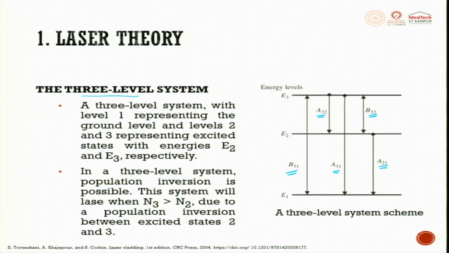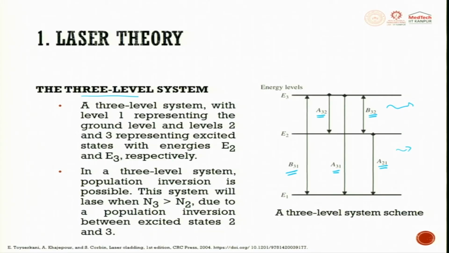Now you see there are 3 level systems, so the efficiency of the process goes high. Whenever it comes to here you will emit 1 photon, and from here you will emit 1 photon. Earlier it was only 1 photon all throughout, now you have 2 or 3 photons coming out. In the 3 level system, level 1 represents the ground level, and levels 2 and 3 represent the excited states with energies E2 and E3 respectively.